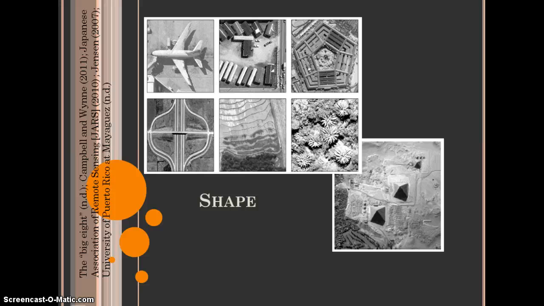Airports, harbors, factories, and so on can also be identified by their shape. In the 6 images from the University of Puerto Rico, you can clearly depict common shapes like an airplane and a highway. The image to the bottom right from the Big 8 Elements of Image Interpretation PowerPoint slides shows pyramids in Egypt from space.